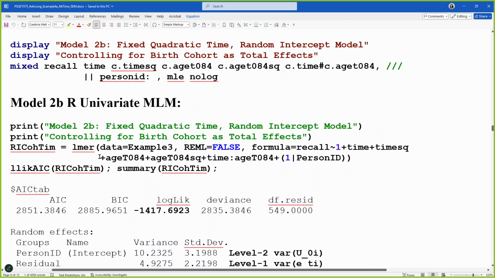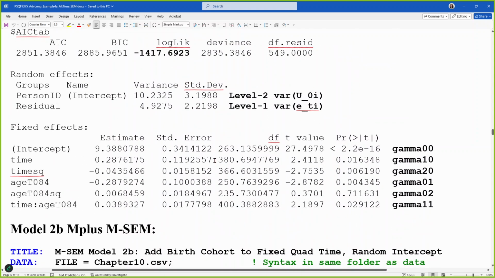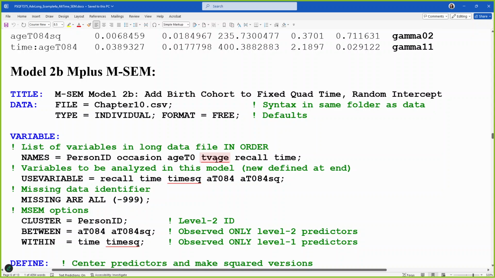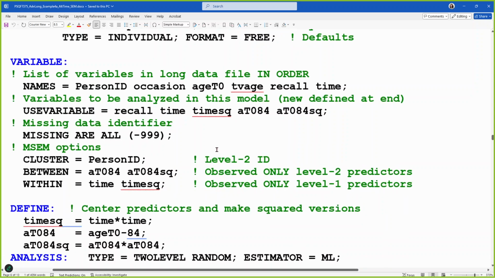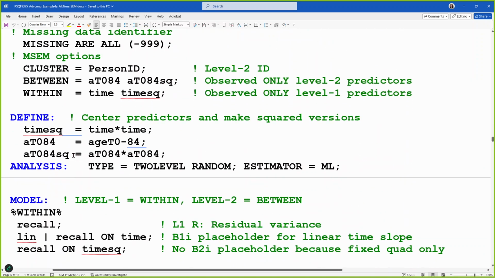That is straightforward to do with just colons for interaction terms, or hashtags if you're using Stata. And then plus, it's a little trickier. So first thing I did was create my age at baseline centered version because I had not done that. And then I created a squared version of that.